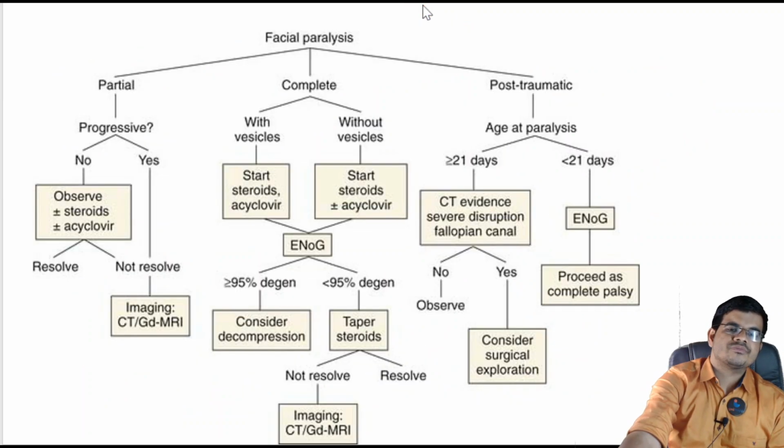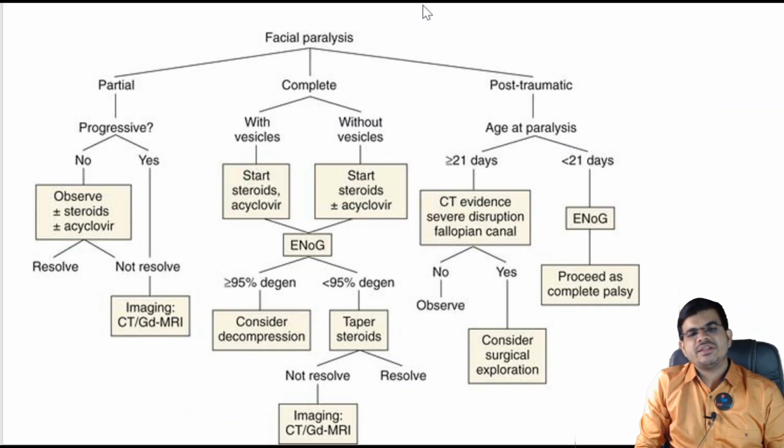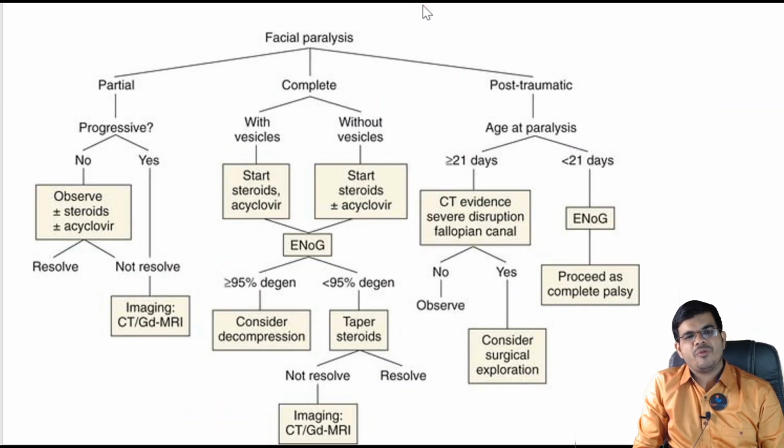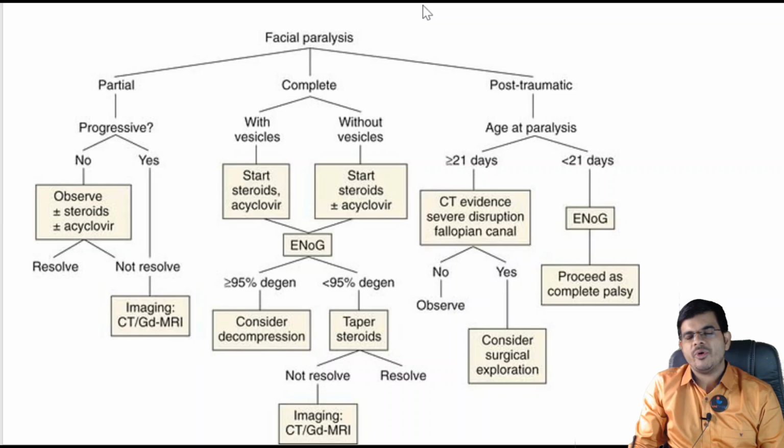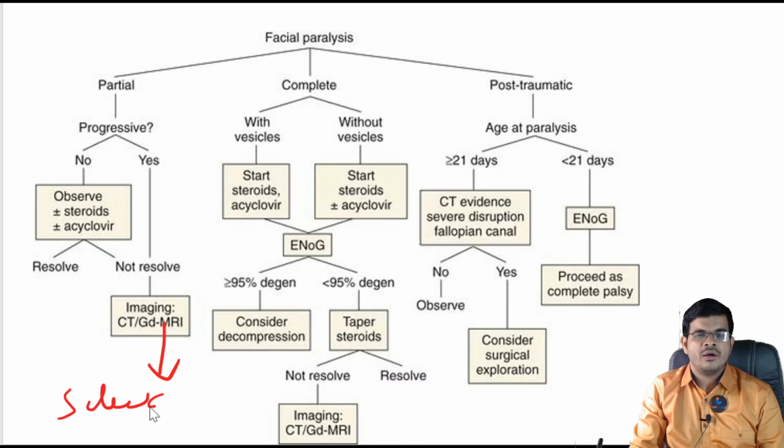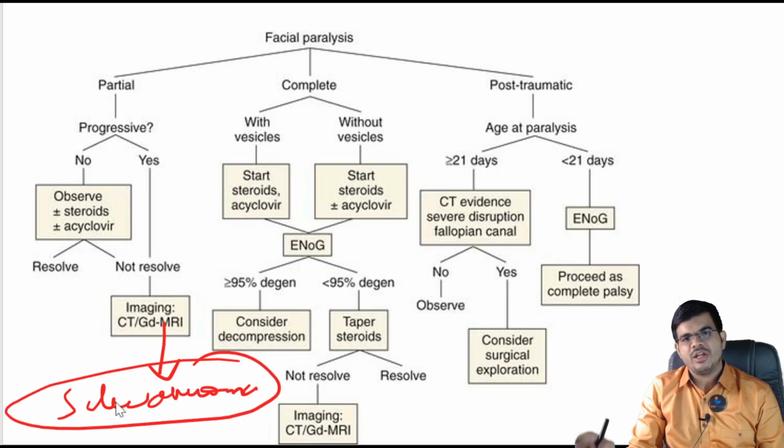Now if a patient comes with facial palsy that is partial and progressive, you can give steroids as well as acyclovir. If it is not resolving, again you have to go for CT or gadolinium enhanced MRI, because gadolinium enhanced MRI will help you look for a schwannoma. Schwannoma can occur in the facial nerve.